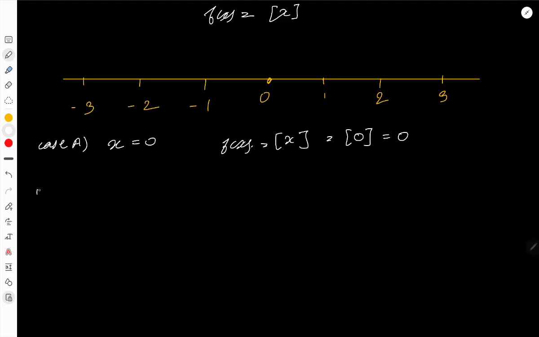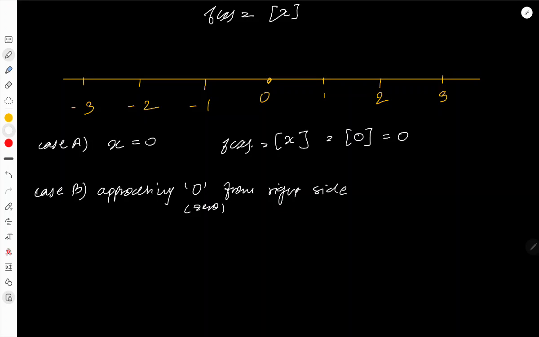Now let us take our case B. Approaching x to 0 from the right side. So what does this mean? This means that we are approaching 0 from a certain number which is here.